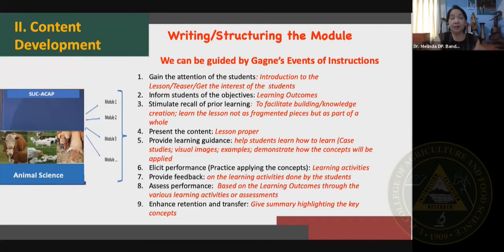So you can have low-stake assessment or high-stake assessment. Again, this will help them prepare for the licensure exam, especially if we are going to simulate the kinds of questions that are usually given in the licensure exam. Aside from providing us with the important information, the feedback, the evidence of the learning of our students or the reviewees, we are also yung pinapractice na natin sila, yung ini-enculturate na natin sila in taking the licensure exam.